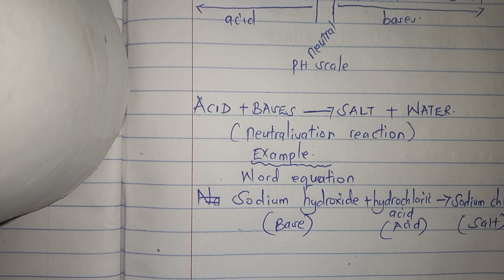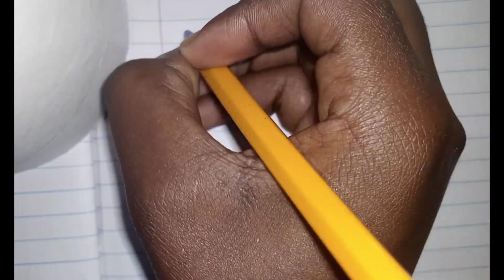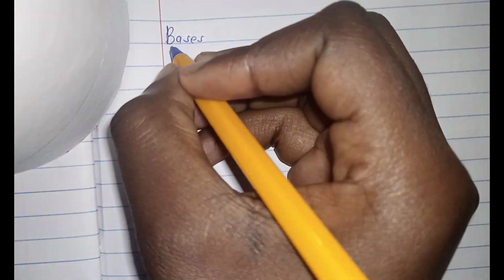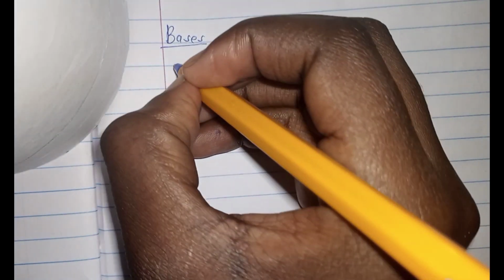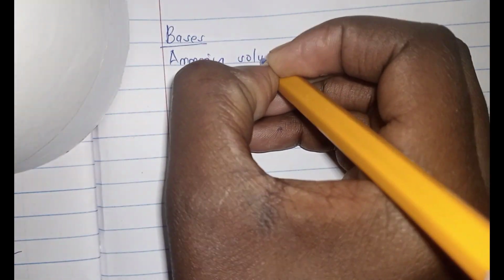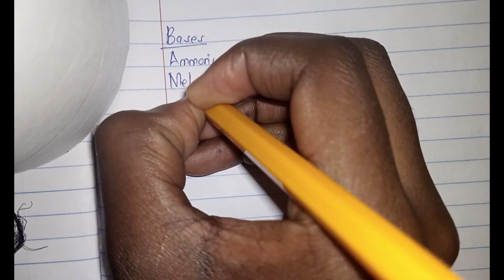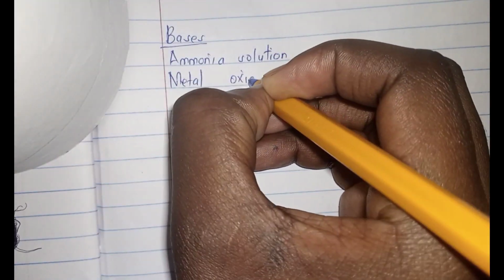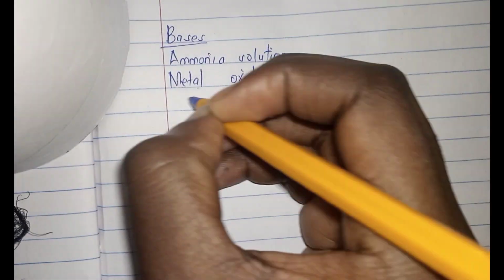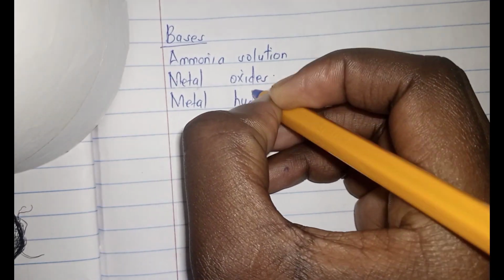Remember that. We also have other bases. For bases, we have ammonia solution, which is also basic. We have metal oxides, and we also have metal hydroxides.